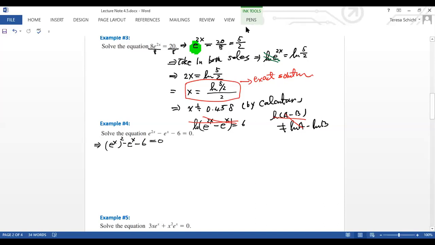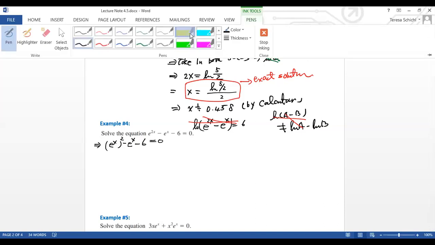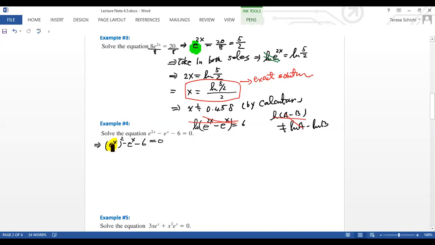And then you see here, if you treat the whole e^x as a single variable x here, then you can factor, right? So here you can say, I can factor like this, the e^x and the e^x factors here. So this is a 3, so I say -3, and then this is a +2.